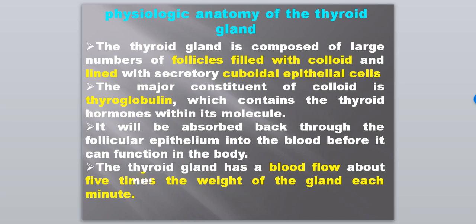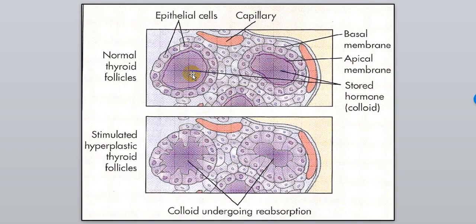Physiologic anatomy of the thyroid gland. The thyroid gland is composed of large follicles filled with colloid, and these follicles are lined by, we can explain on the figure, this is a follicle. This follicle, as you see, is enveloped by a line of cuboidal cells.